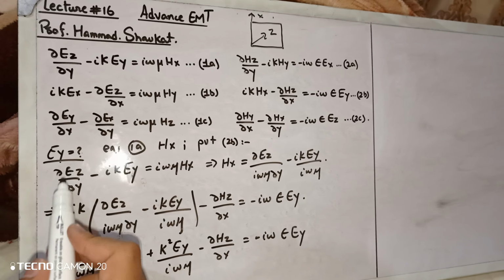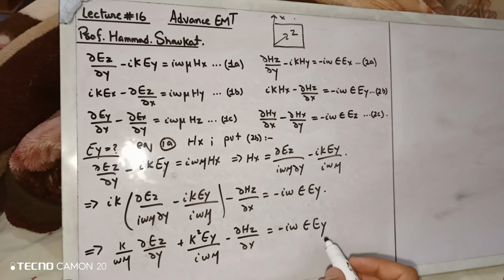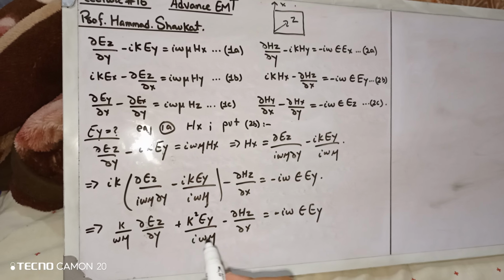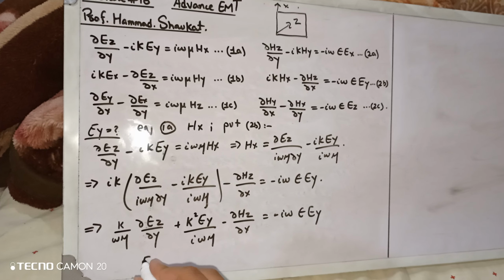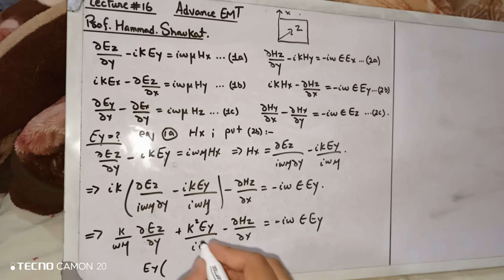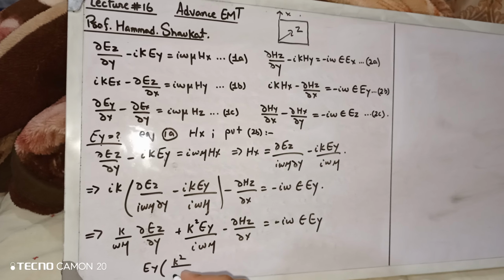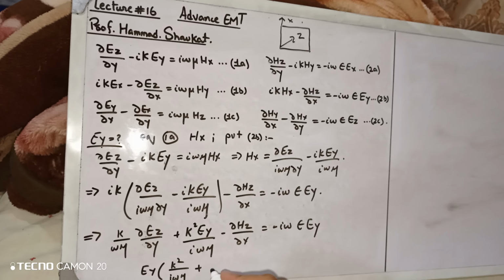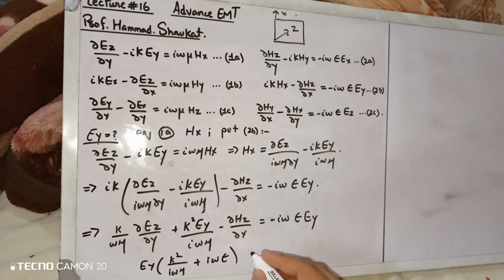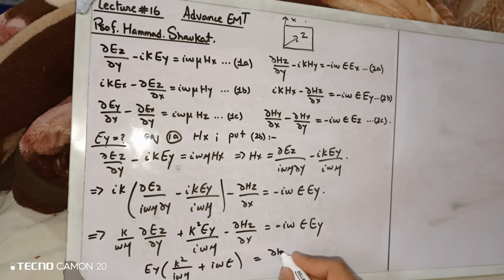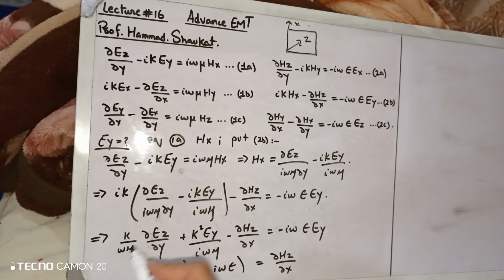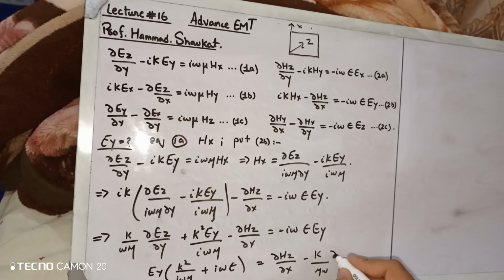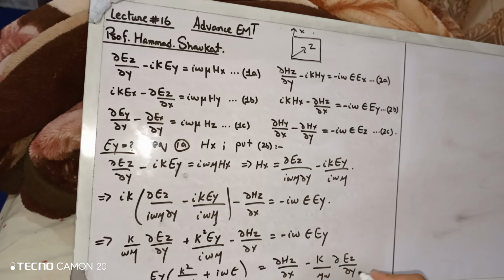Now because we are finding Ey, we have to move Ey terms on one side and other terms to the other side. This is an Ey term and this is an Ey term, so take Ey common. Taking common, you will be left with k square divided by iota omega mu, and when this comes to this side it becomes positive, iota omega epsilon. This partial Hz by partial x comes to the other side and becomes positive, and this goes to the other side, it also becomes minus k by mu omega partial Ez divided by partial y.